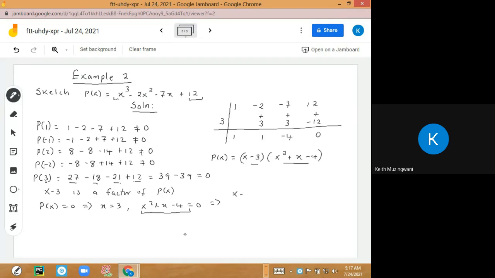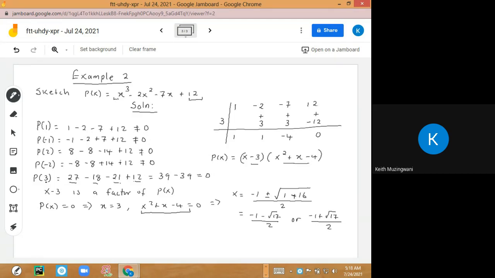So we say x is -b, which is -1, plus or minus the root of 1 when you square it, minus 4ac. Now c is -4, so we'll get a positive 16 over 2, giving us the values of x, -1 minus root 17 over 2, or -1 plus root 17 over 2.